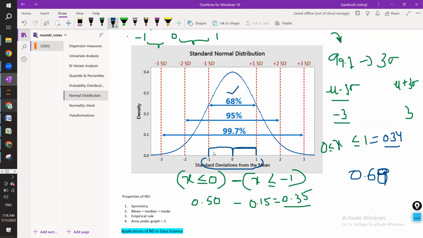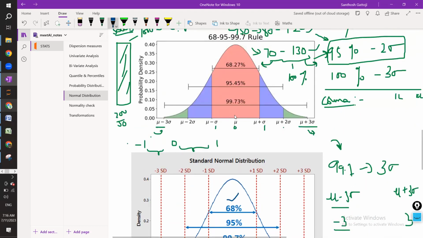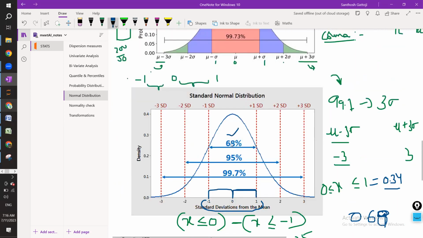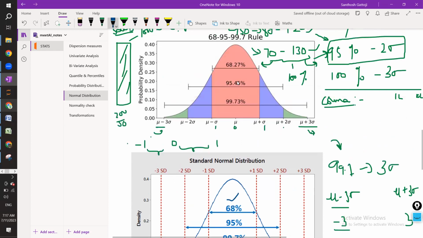Once we have proved the empirical formula for the standard normal distribution, you can extend it. But for a general normal distribution you cannot say minus 1 to 1, because you don't know mu and sigma. You will say from mu minus sigma to mu plus sigma, that is within one standard deviation, and 68% of the data will be found.